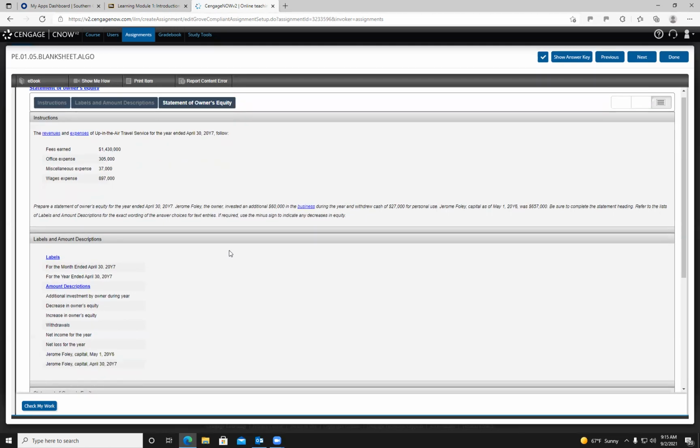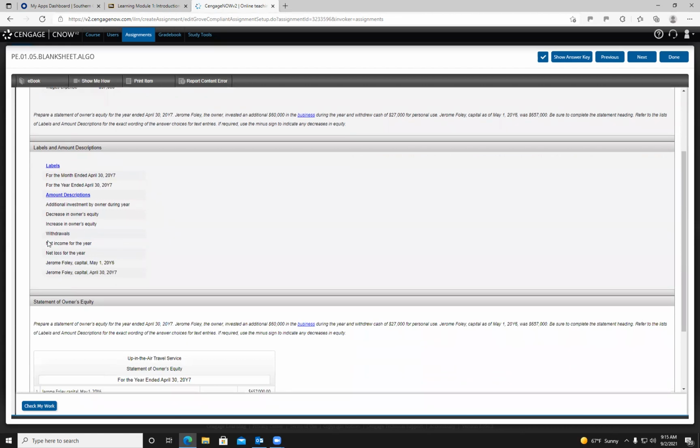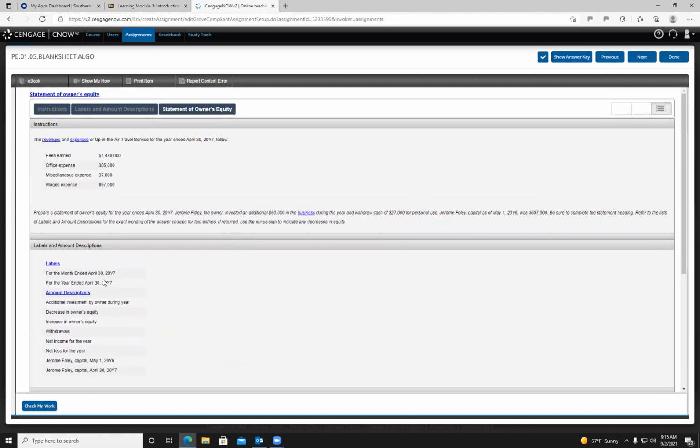Next thing we want to look at is what was the net income for the year? Well, it doesn't tell us. We have to actually calculate that up. So we'll go ahead and determine if it had a net income or a net loss for the year by taking the total revenue of 1,430,000.